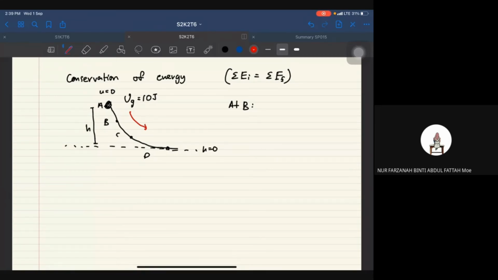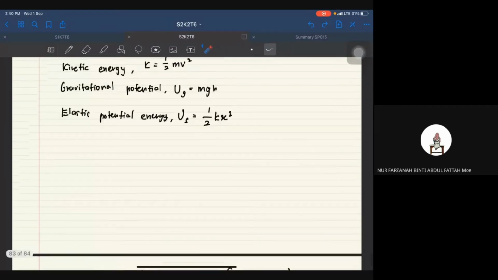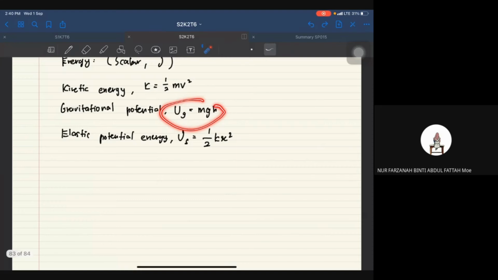Decrease. The potential energy decreases because the height decreases. You can look back at the formula mgh. The Ug depends on the height, so the lower the height, the lower the potential. So it reduces.